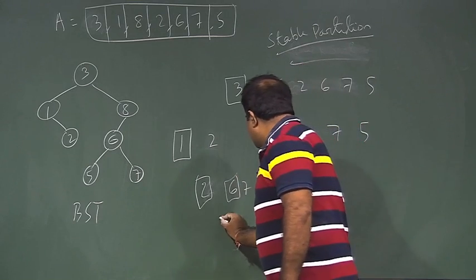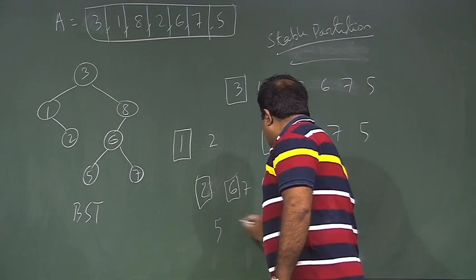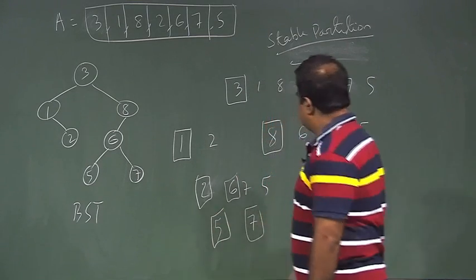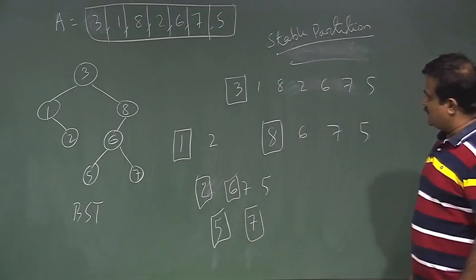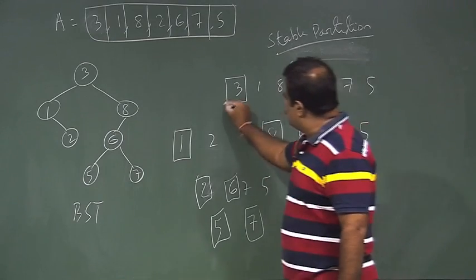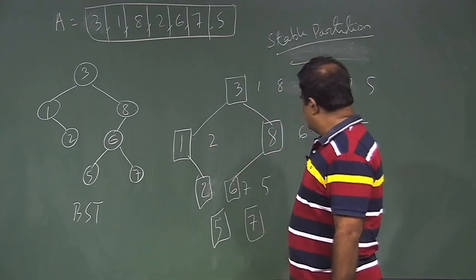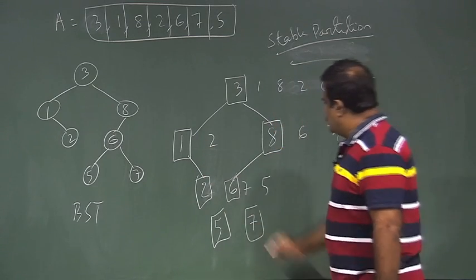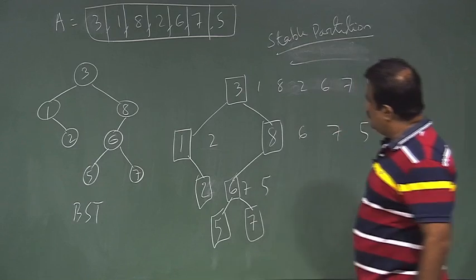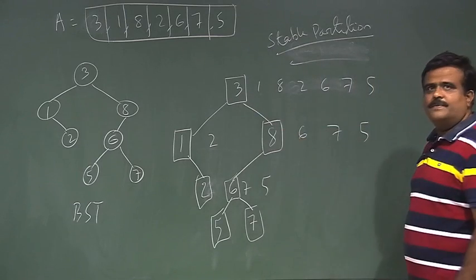So, this is basically 5 and 7. This is the recursive call of the partition. Now, if you just form the tree like this, you will see that these two trees are the same.